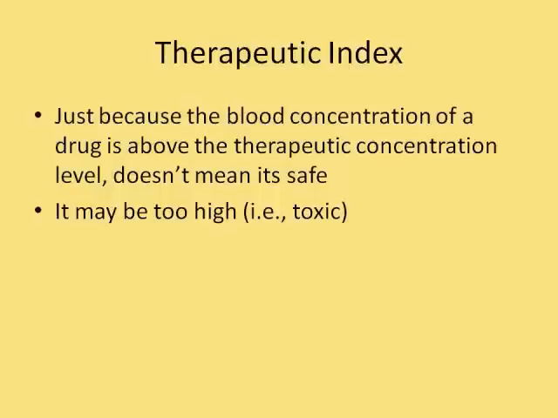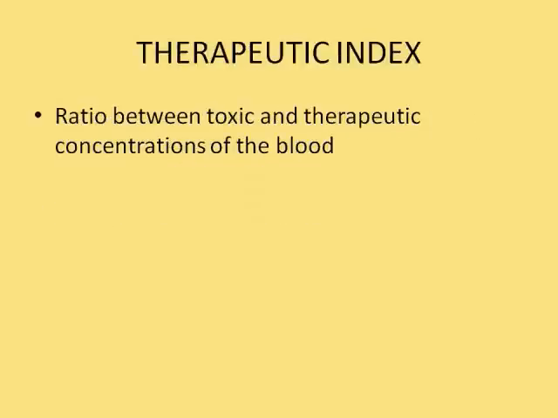Now, therapeutic index. Just because the blood concentration of a drug is above the therapeutic concentration level doesn't mean it's safe. It might be too high. That's toxic. And we measure that by looking at the therapeutic index. That's the ratio between the toxic and therapeutic concentrations in the blood.